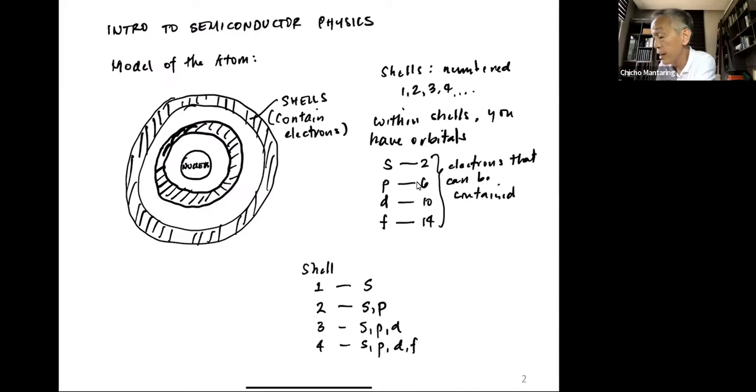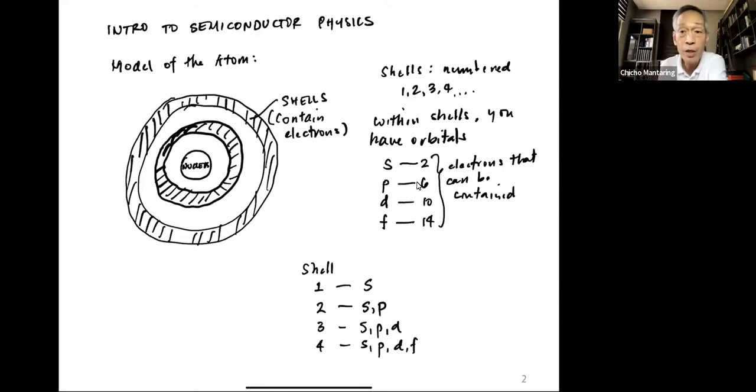So what is the significance of these orbitals? The 2 electrons in the s orbital represent 2 quantum states, or 2 energy states, that those 2 electrons can exist at. The six electrons in the p orbital correspond to 6 energy states, and so forth: 10 for the d and 14 for the f.